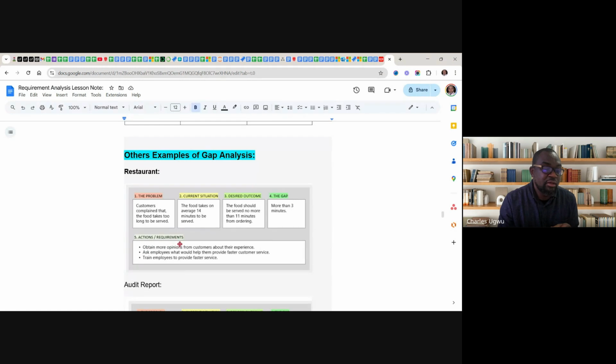And action here, requirement: obtain more information from the customers about their experience. Ask the employees what would help them to provide faster customer service. During this process, you look at the employees between the kitchen and the waiter who comes to take the order, goes back to the kitchen, and gives the chef the order to prepare.